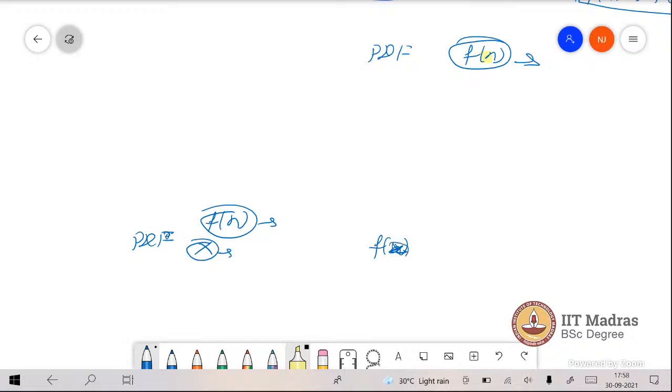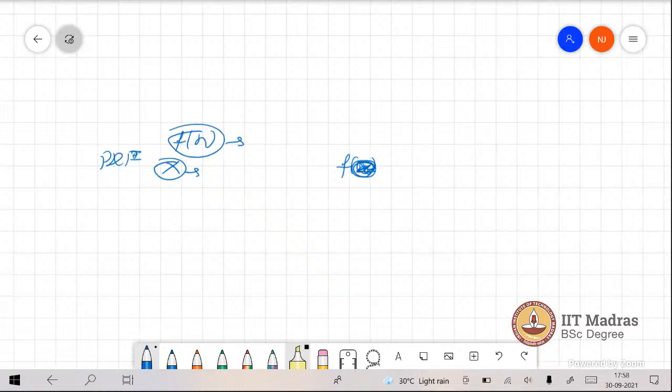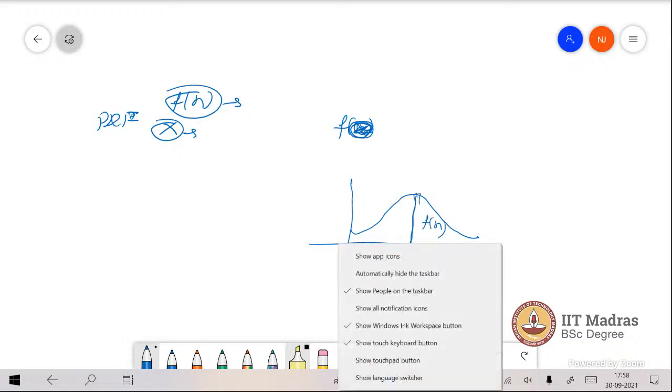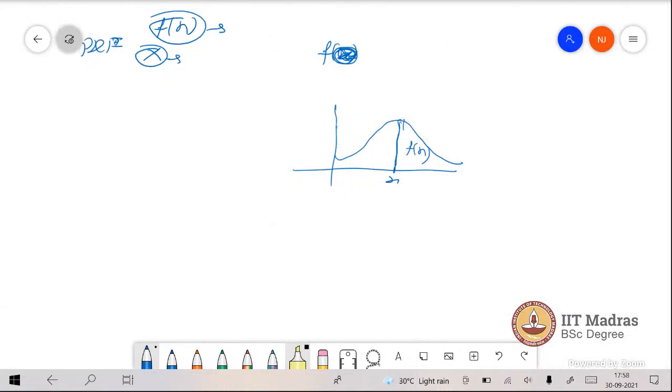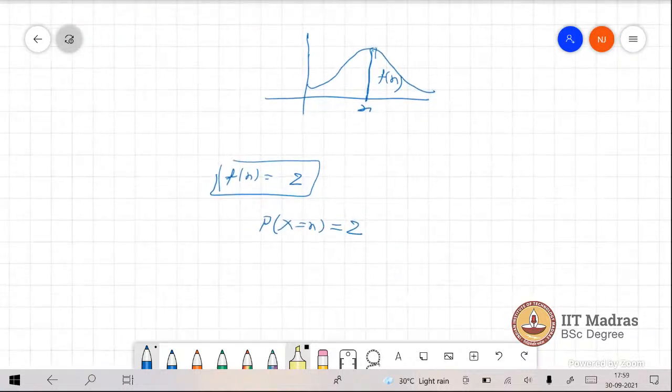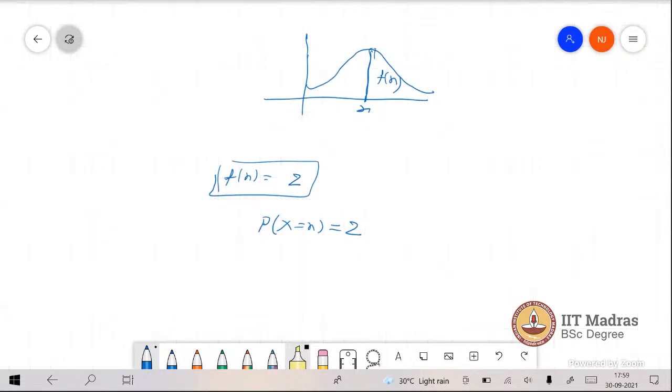I'm just asking about the value at x. This is given to you as f(x). This is x, and this is f(x). So what does it give you? The probability at a point should be 0 in the continuous case, always.